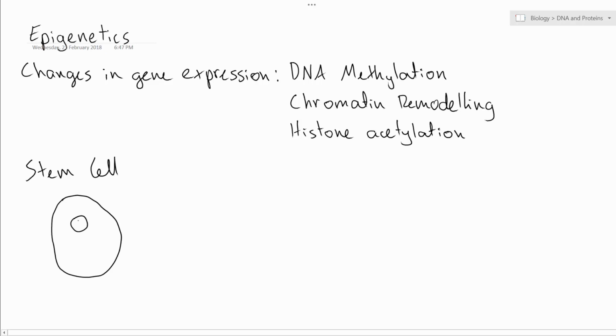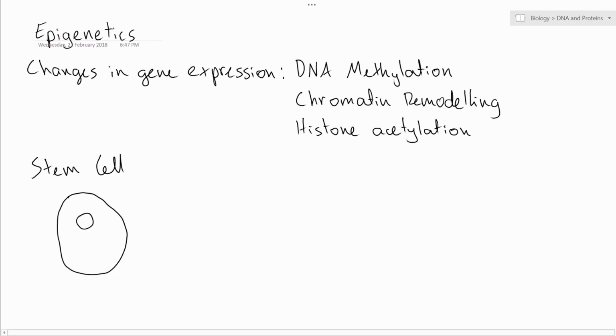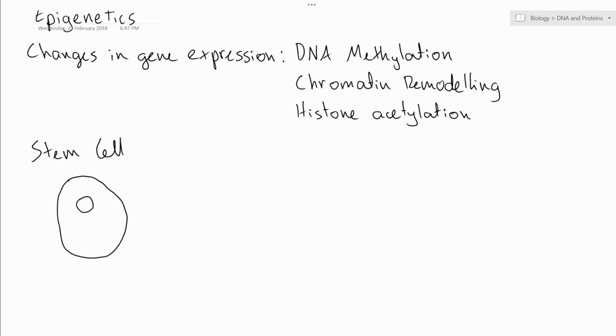Stem cells have the potential to become any type of cell because of the activating or silencing, expressing or silencing of genes within its DNA, which is found in the nucleus. We know that all cells have the same set of DNA. They have different phenotypes, different appearances and functions, because some genes are expressed and some are silenced. So that gives rise to differences.